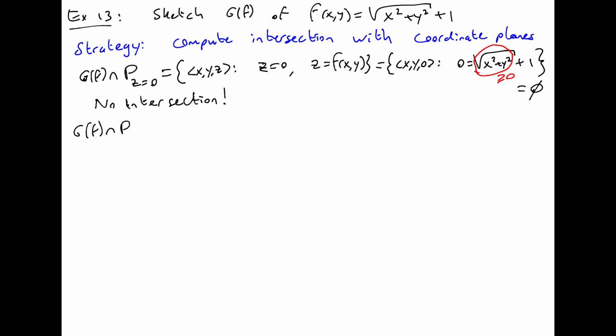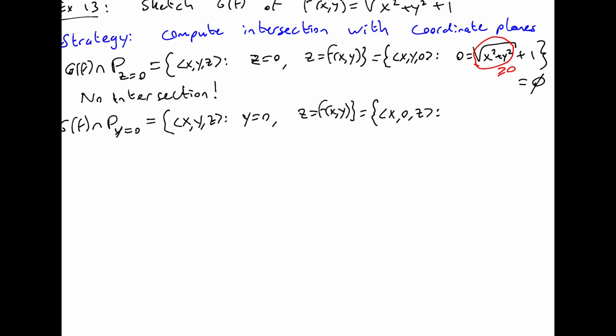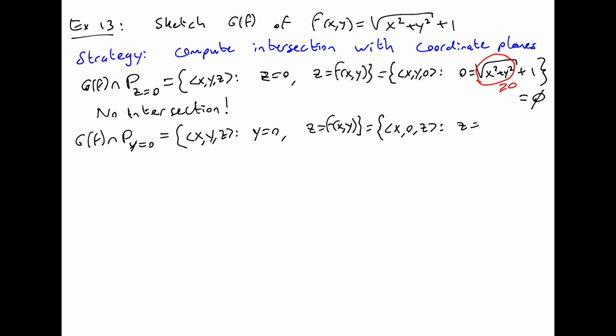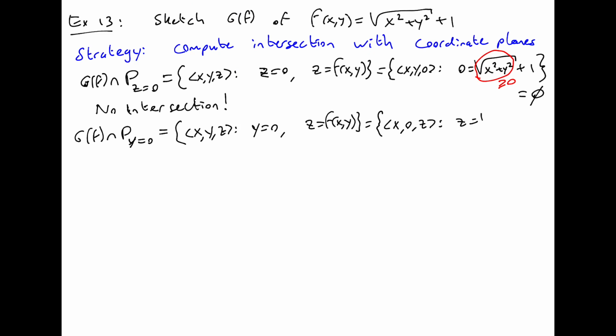So now let's, for instance, do the intersection with the xz plane. And yeah, we can do this in a similar way. So these are all the vectors x, y, z. Now we are in the plane where y equals 0, and we again have the equation where z equals f of x, y. So now that y equals 0, we have x, 0, z, such that z is equal to the square root of x squared plus 1, right?